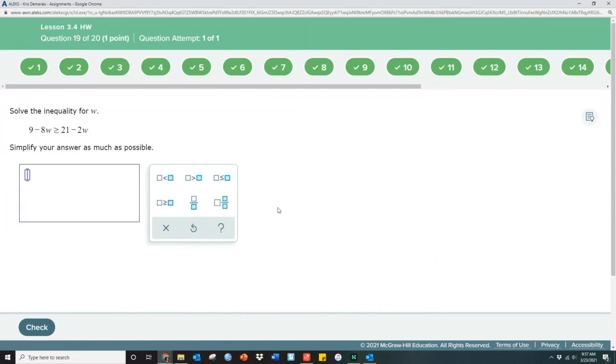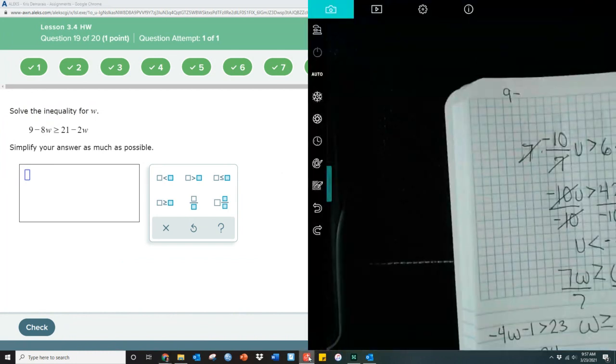All right, now solve the inequality for W. So we're going to go ahead and solve for W. Let me go ahead and put my screen on.